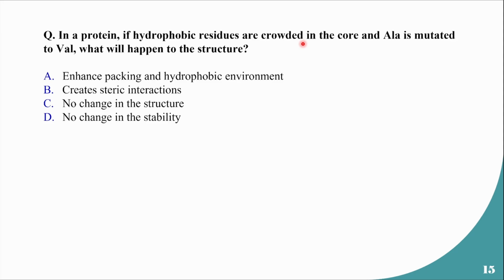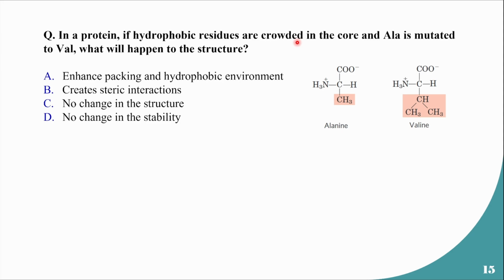So here you have to again take into consideration the size of the residues. They are mentioning that it was already very tightly packed, so there is not a lot of available free space for structural changes.